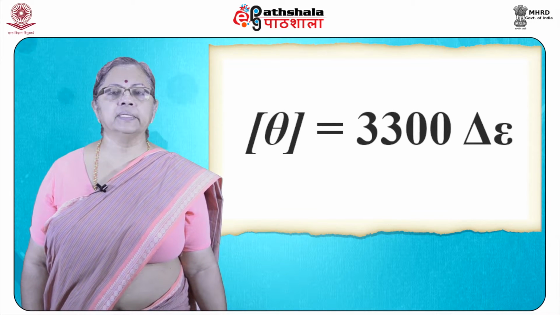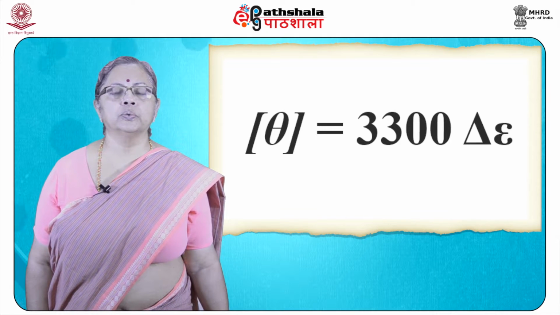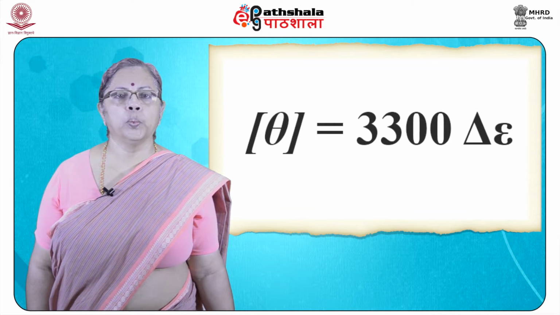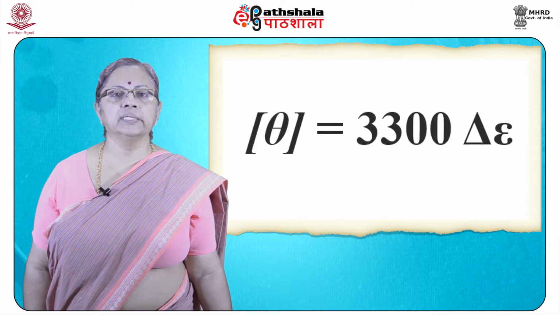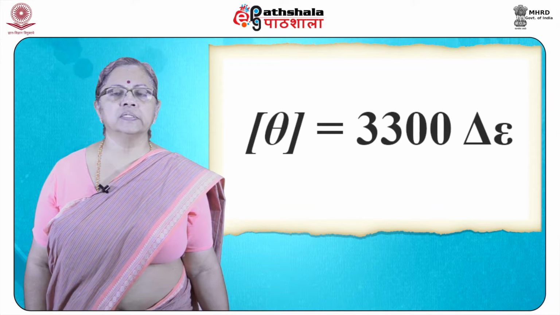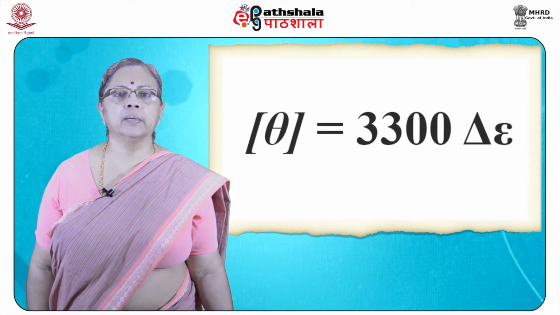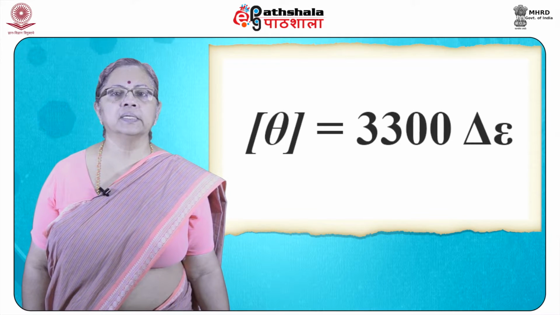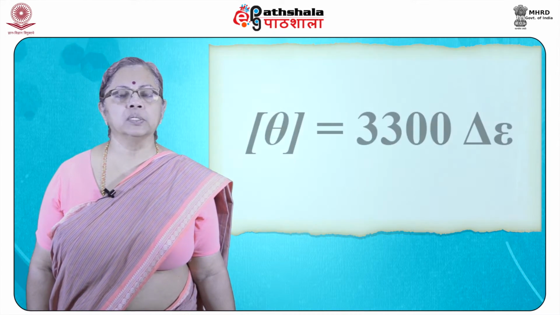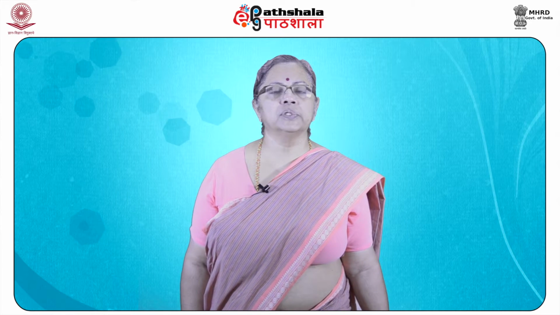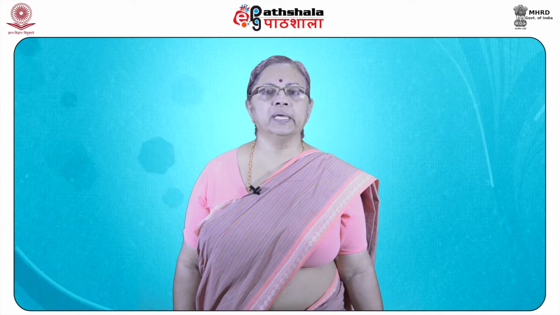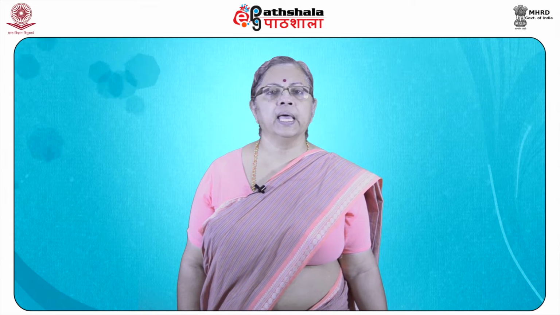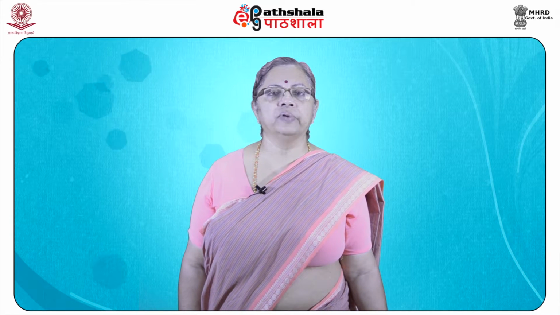Therefore, bracketed theta is equal to 3300 delta epsilon, where the factor 3300 converts from the units of molar absorptivity to the historical units of degrees centimeter square decimol minus 1. The animation gives you an idea of a propagating light wave which is plane polarized, circularly polarized and elliptically polarized electrical field components.